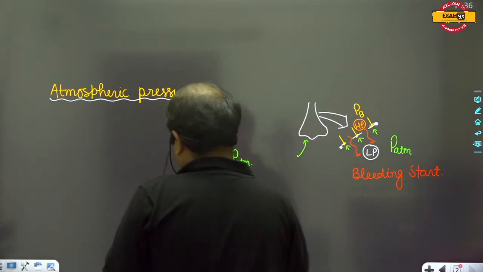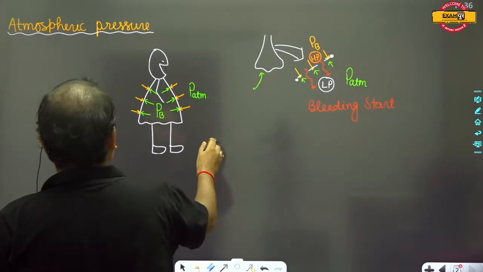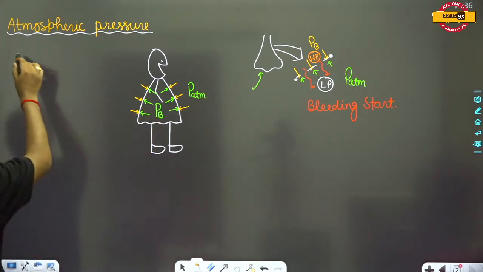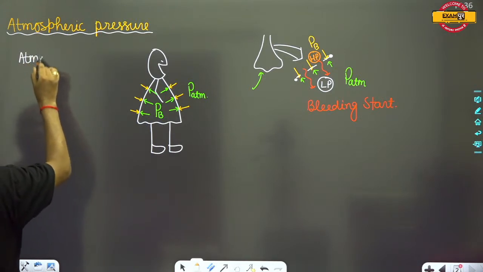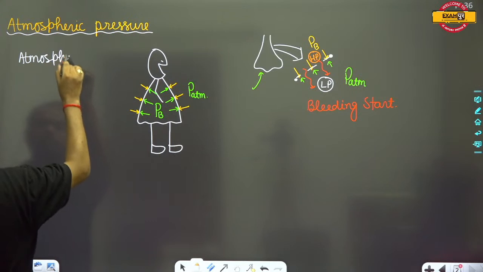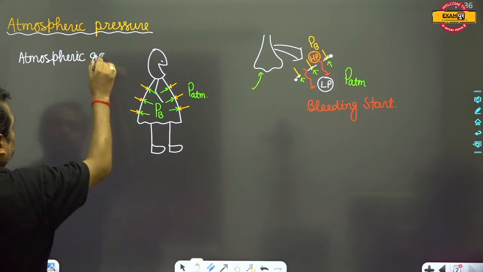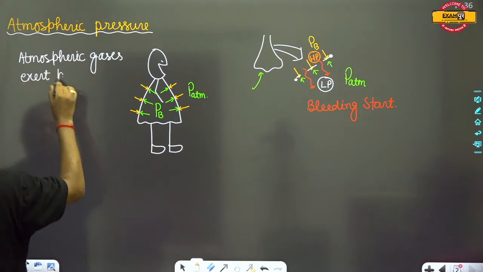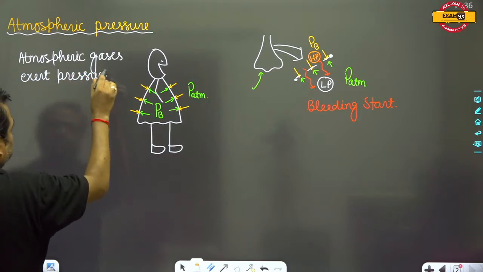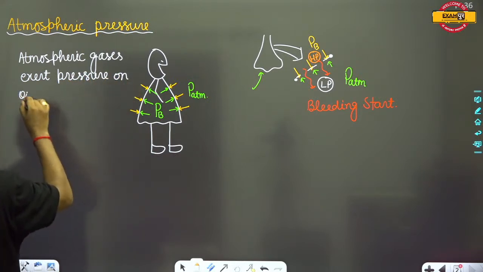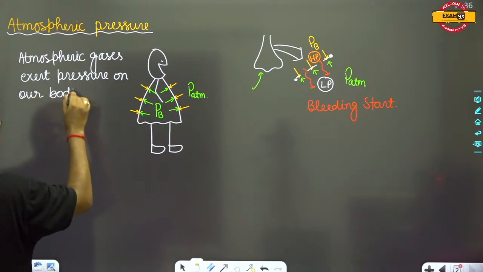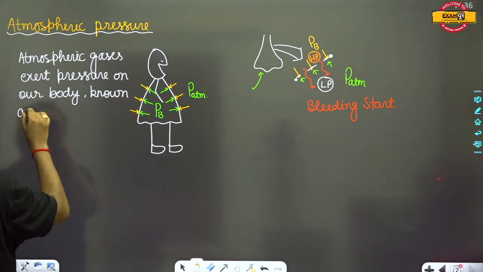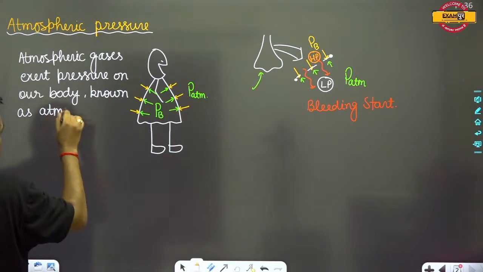Okay, so we will write these examples also, but first of all we should write the definition of atmospheric pressure. Atmospheric gases exert pressure on our body, known as atmospheric pressure.